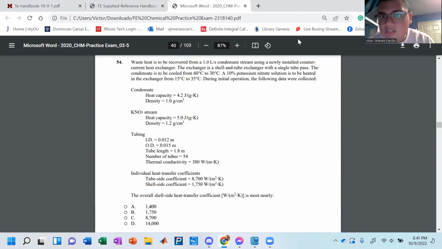During the initial operation, the following data was compiled. The condensate data with the heat capacity and its density, the nitrate solution with its heat capacity and its density, the tubing information, the inner diameter, outer diameter, tube length, number of tubes, the thermal conductivity, and the individual heat transfer coefficients of the tube side and the shell side. And the question finally says, what is the overall heat transfer coefficient of the system?